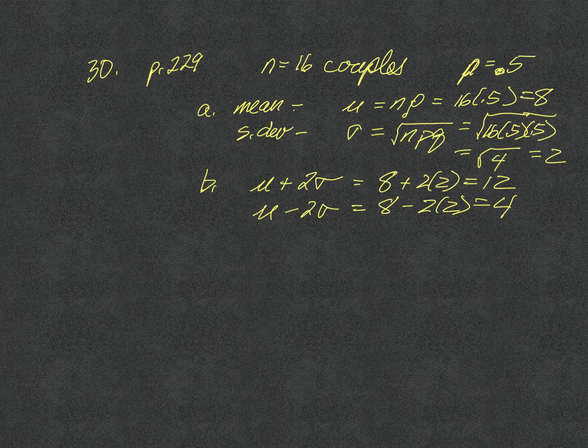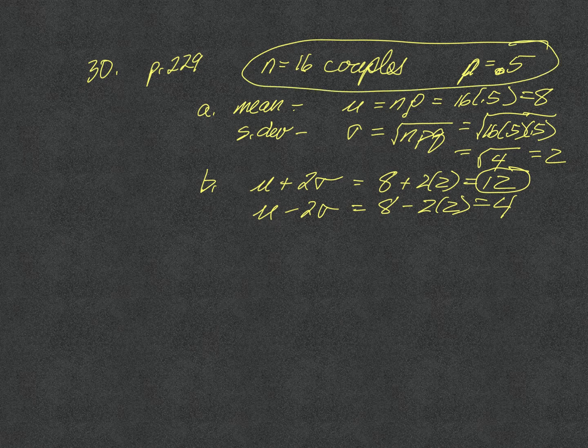So if 12 or more of them using this technique had girls, that's significantly high, and if only 4 or fewer had girls, that's significantly low.